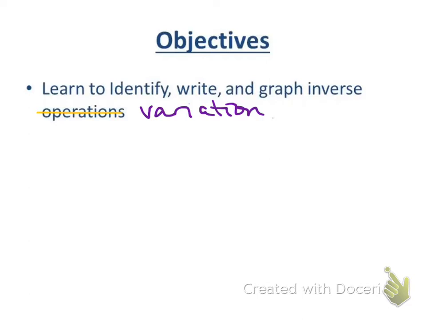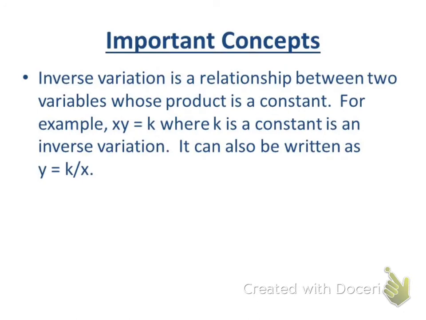Here's the definition. Inverse variation is a relationship between two variables whose product is a constant. X times y equals k, where k is a constant, is an inverse variation.